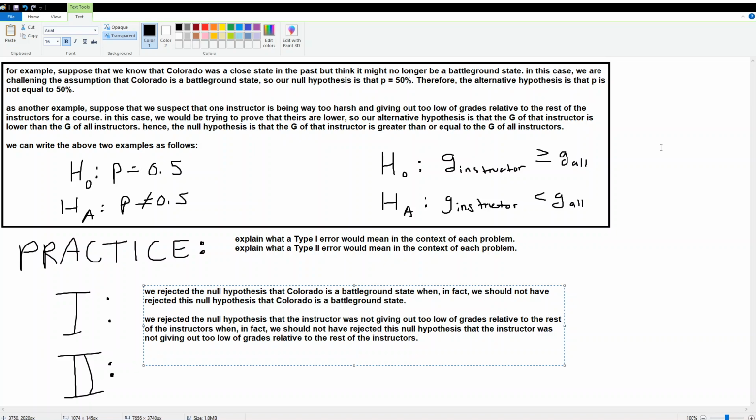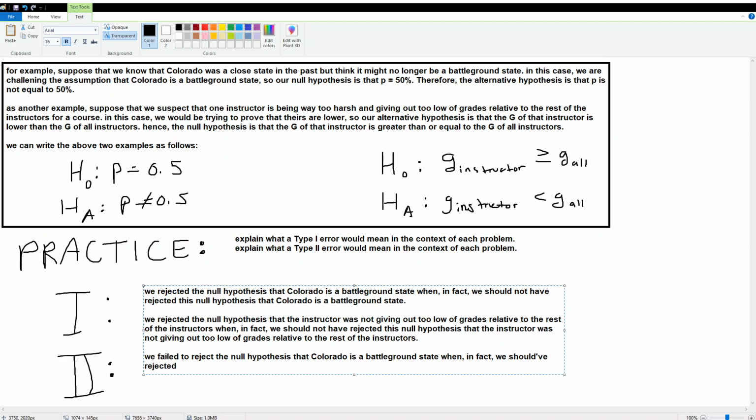Okay? Now our type 2 errors. A type 2 is failing to reject the null when in fact we should have. So for the Colorado example, we failed to reject the null hypothesis that Colorado is a battleground state, when in fact we should have rejected it in favor of the alternative hypothesis that Colorado is not a battleground state.